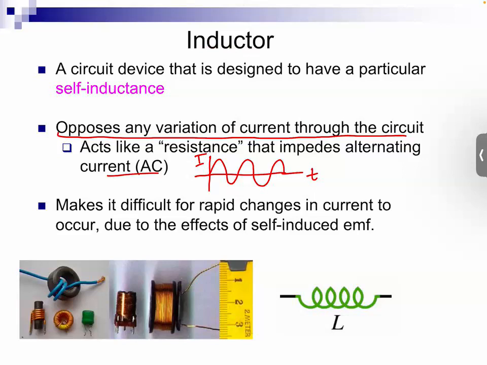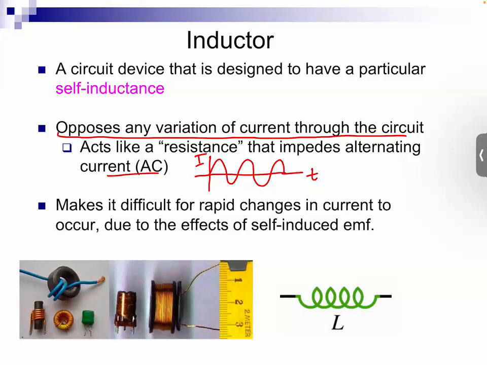So it's like the inductor is the counterpart of the resistor, except for the inductor, we refer to it in AC circuits. Okay? And it's quite an important circuit device because it makes it difficult for rapid changes in current to occur, because of the self-induced EMF that opposes any change in the current.